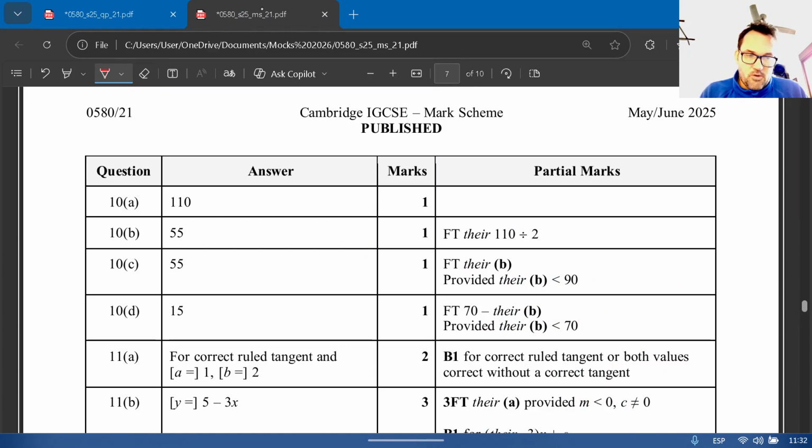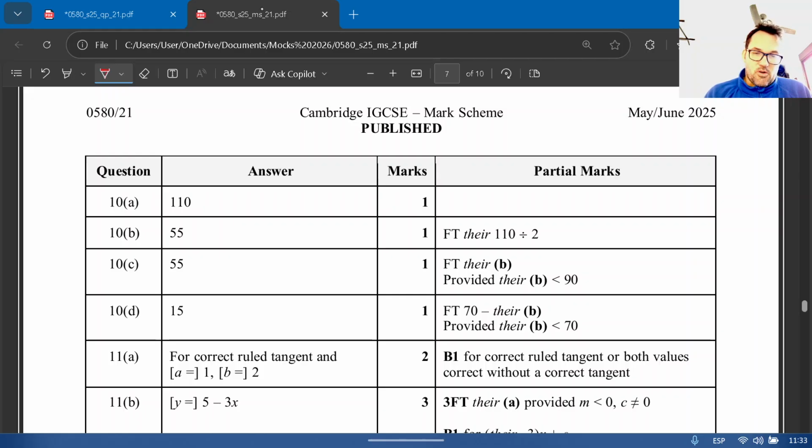Okay, this is what these follow-through marks are, which means if you got the first one wrong, for example, but then you do the right thing, divide that answer by 2, you get a mark here. And then if you copy the same wrong answer here, you can get that mark if it's less than 90. So if I had this 120, 0 marks, but I have the 60 and 60, I get those 2 marks.